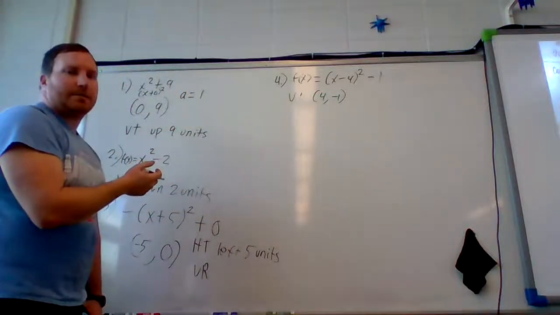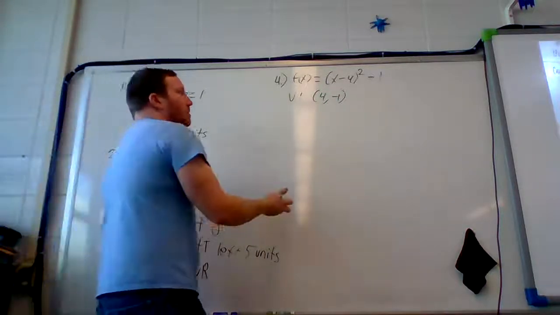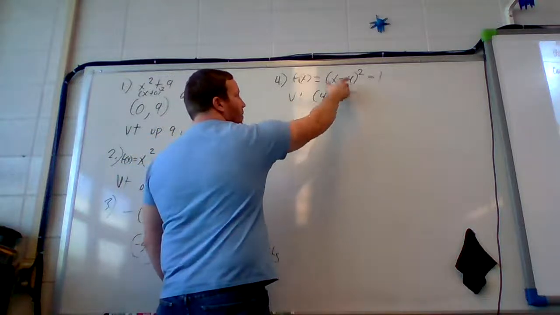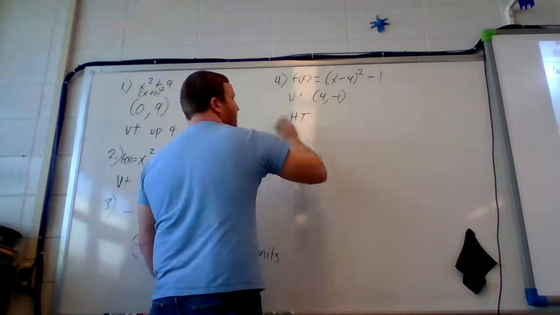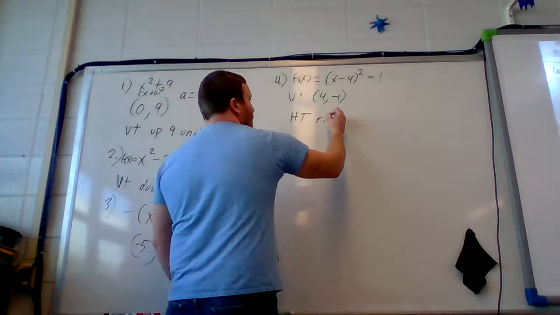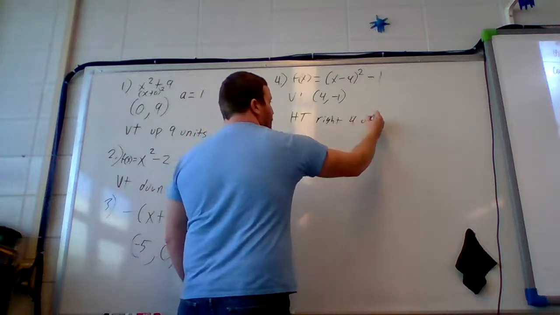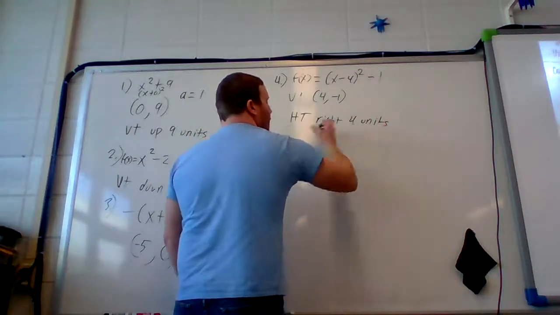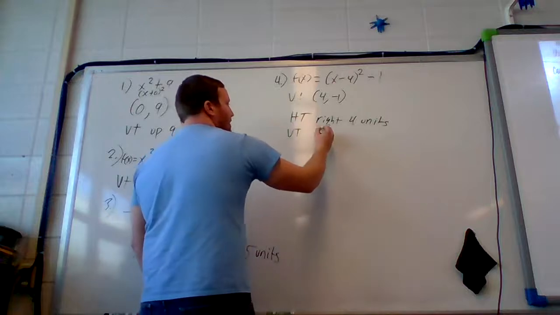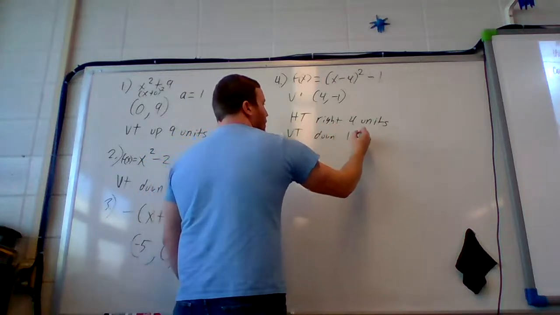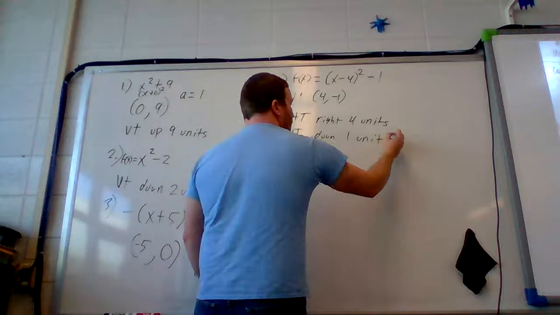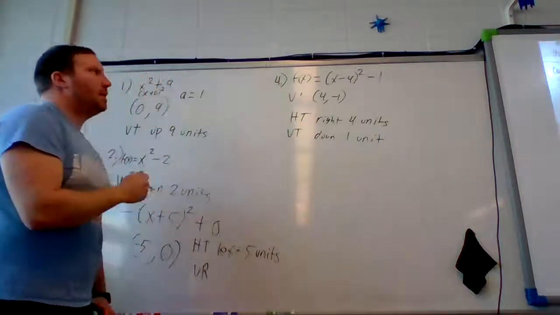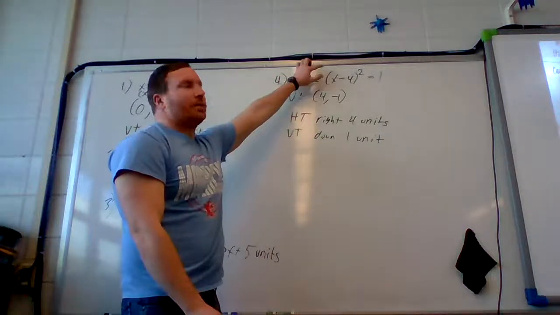So our vertex is at (4, negative 1). Our shifts, we have a horizontal translation right 4 units. And we have a vertical translation down 1 unit. And our a value is a positive 1, so nothing happened there.